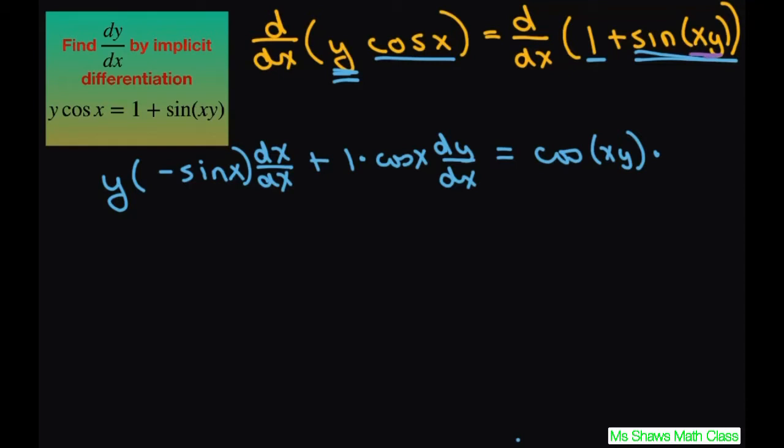You write down x times the derivative of y, so times the derivative of y with respect to x, and then plus, take the derivative of x, so you have y times the derivative of x with respect to x.